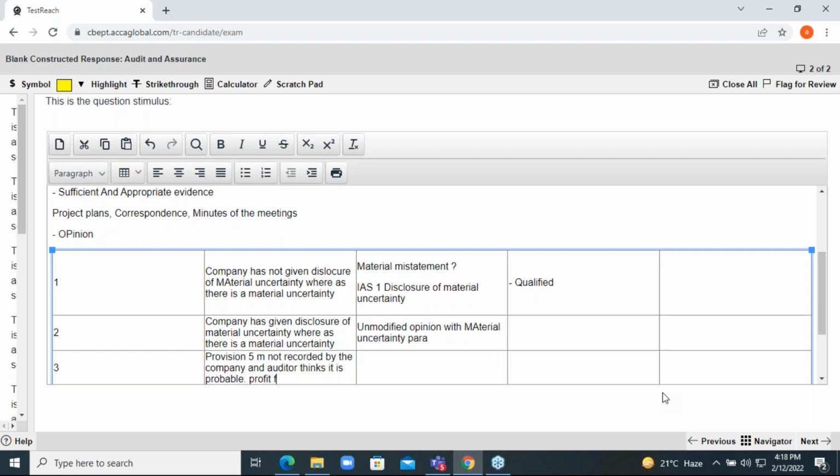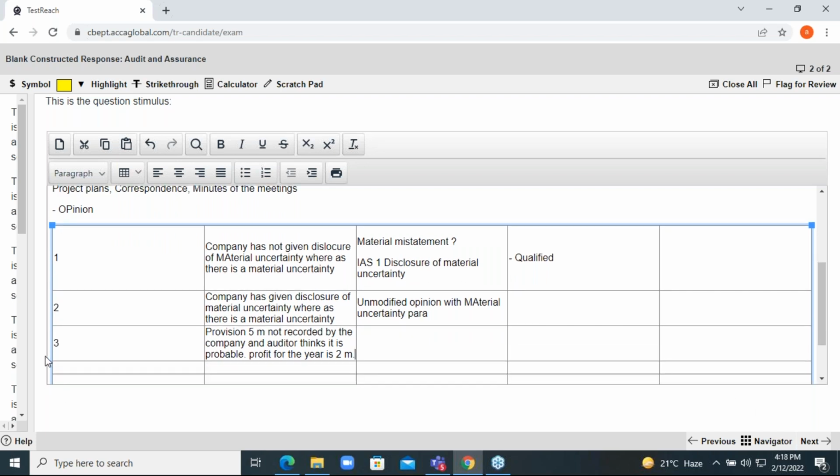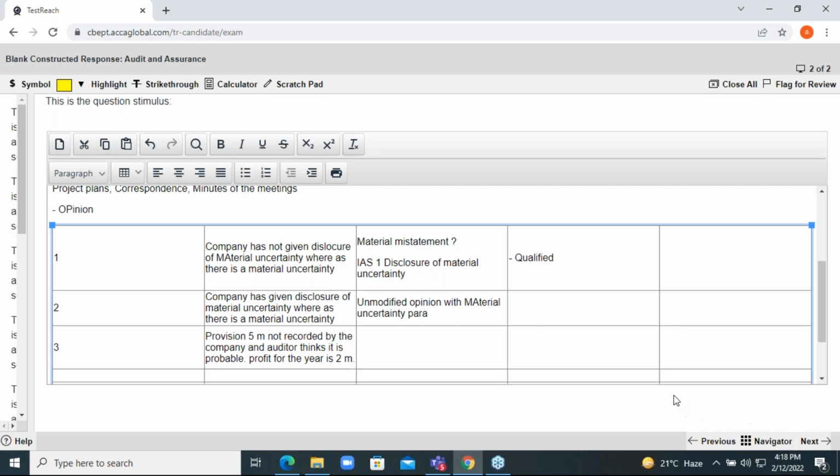Profit for the year is 2 million. Now this is the information. So kindly give your answer in the question chat box.